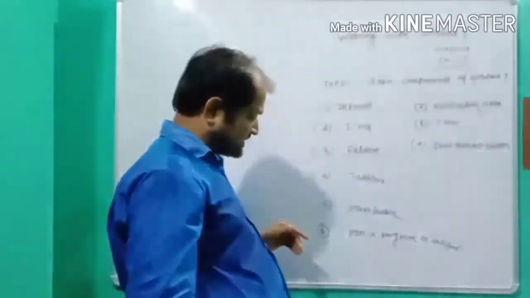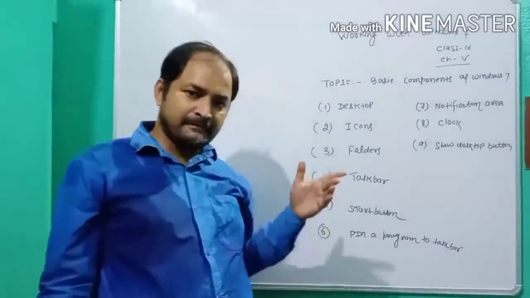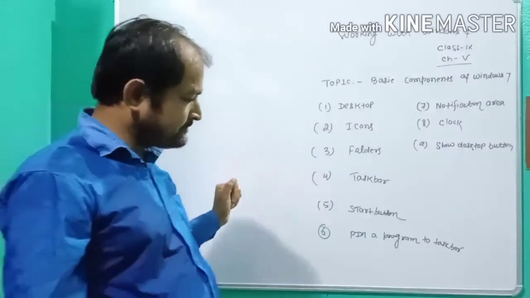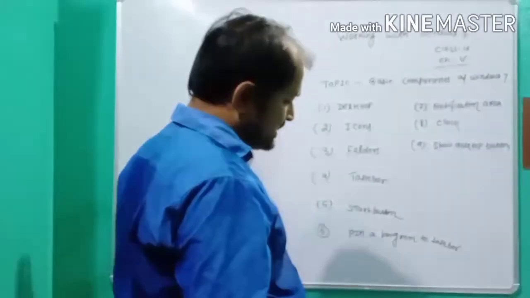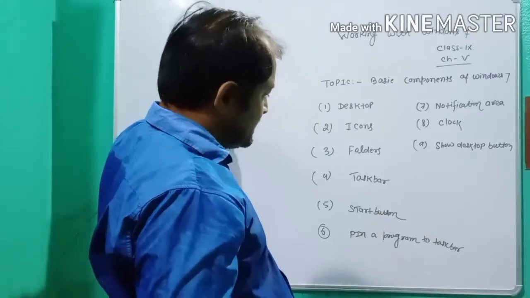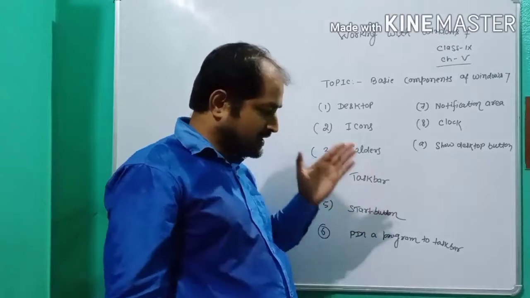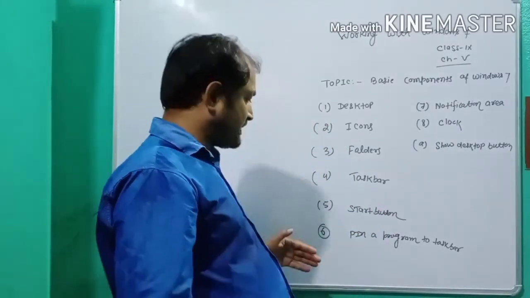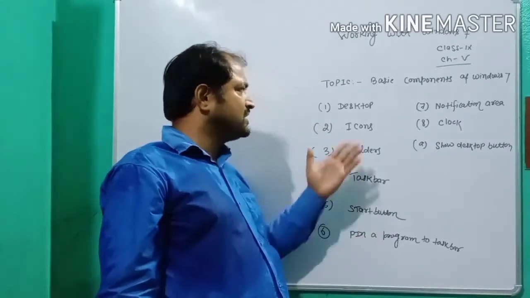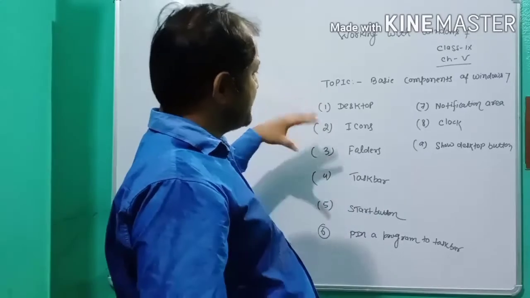The start button is found at the bottom left as part of the taskbar. The start button opens the various programs. The start menu gives access to the programs.